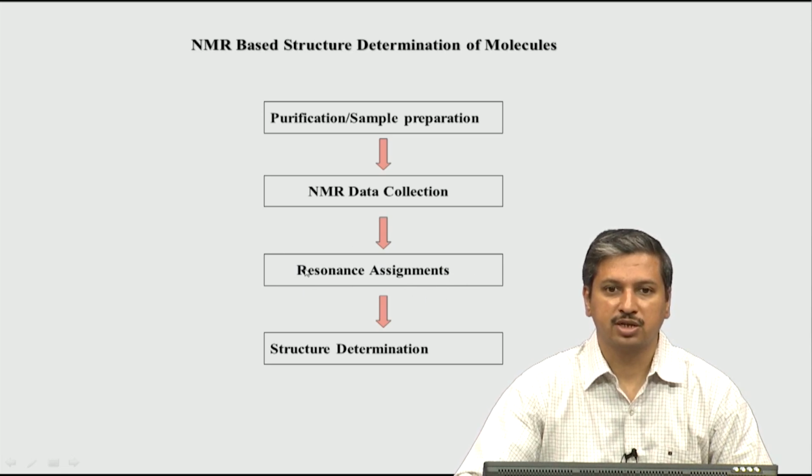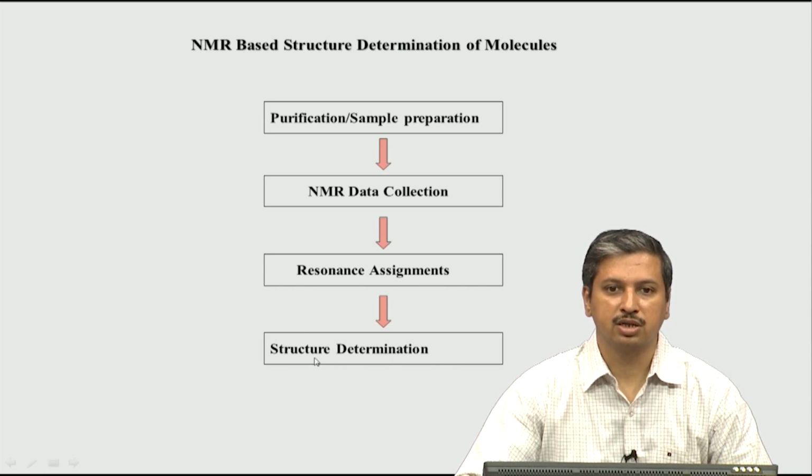Once the assignments are done, then we go on to structure determination. Remember, structure determination here does not mean simply the structural formula of the compound, like we saw in the case of 1D and 2D NMR, where we had only the molecular formula and tried to figure out the functional group connectivity and the structural formula. That is not what is meant here.